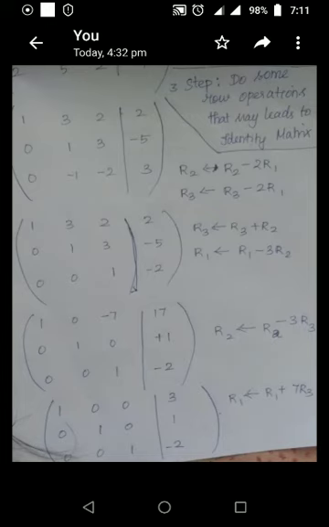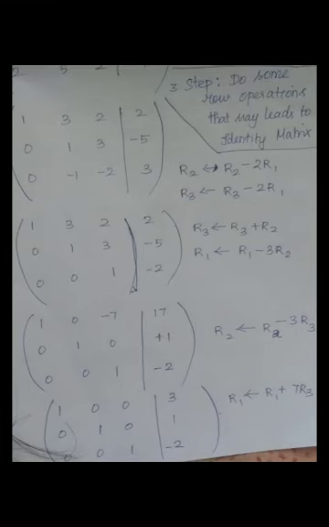From the identity matrix, we use the back substitution method and find the values. In the first row, the x value is 1 and the others are 0, so x is equal to 3.